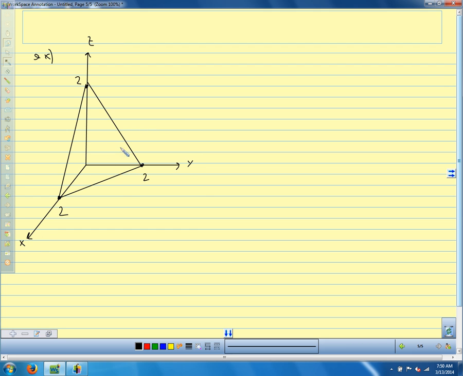And we know that this plane is x plus y plus z equals 2. And we want to find the volume in the first octant. So this is another way that this type of question might be asked. You'd be given a picture of this, and it'll say find the volume in the first octant, bounded by this plane. All right. So what do we need to do here?